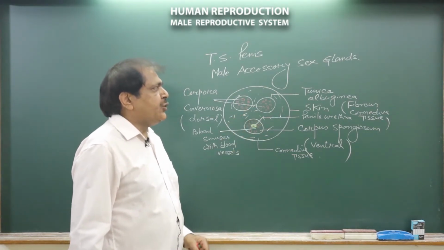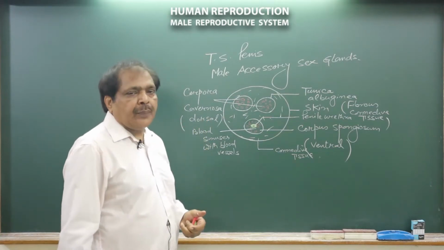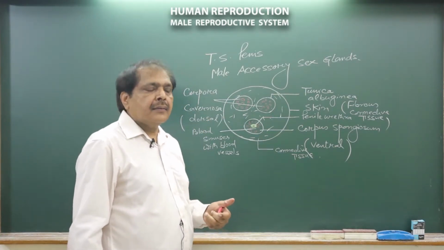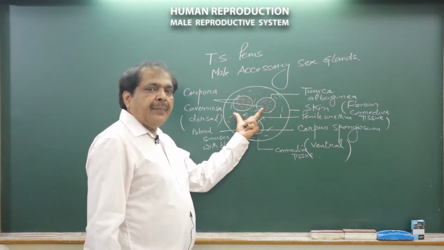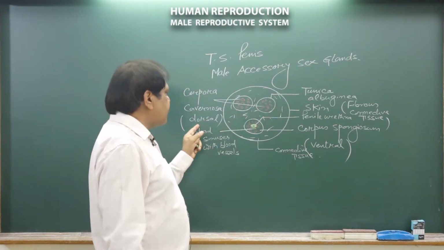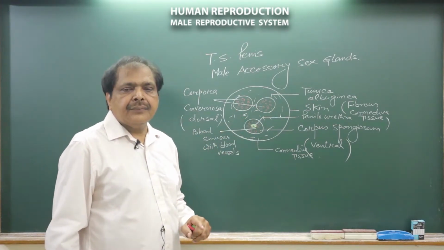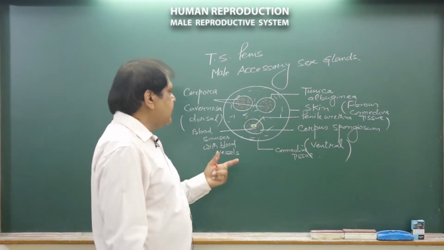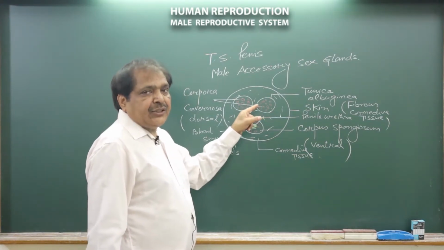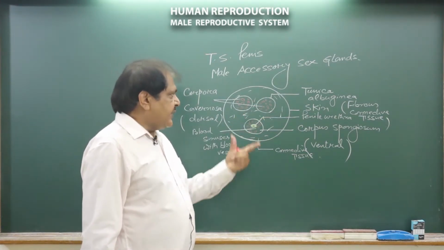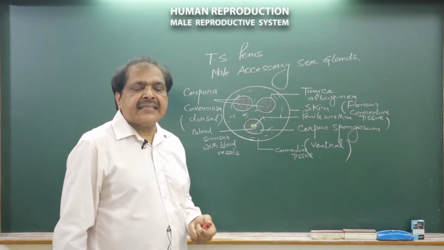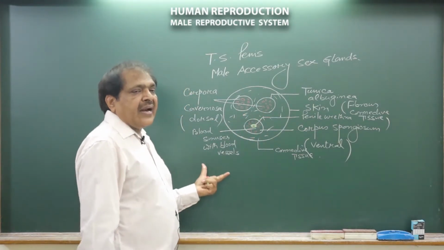The erectile tissue called the corpora cavernosa, which are 2 in number, they are present on the dorsal side of the penis. These erectile tissues contain blood sinuses with blood vessels.